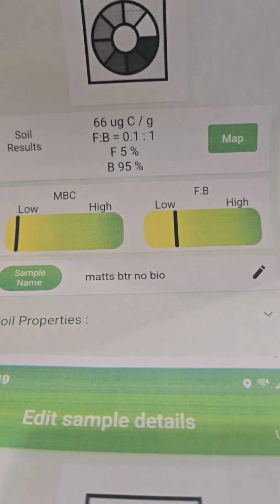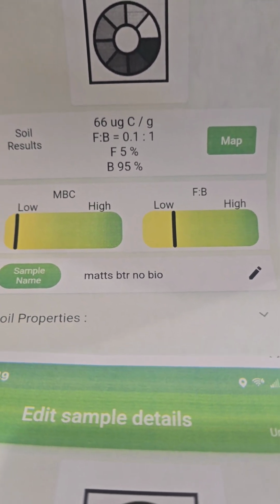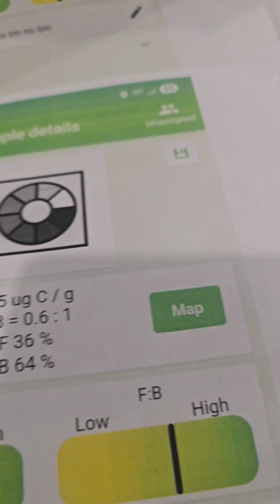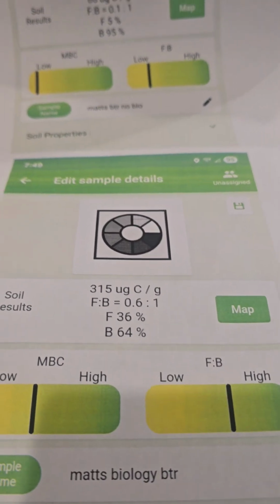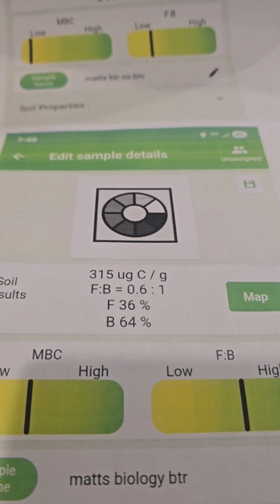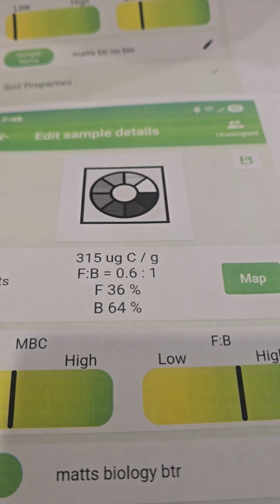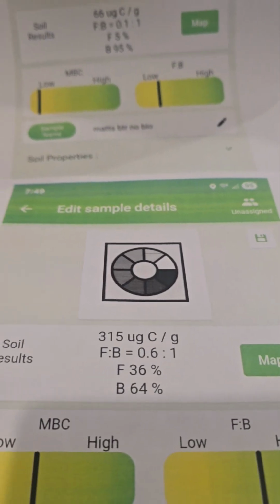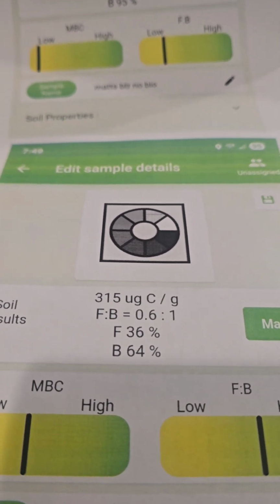Now we're going to compare the between the row without the biology to the one with the biology. So we went from 66 to 315, and as you can see, we've increased the fungal level to 36% compared to 5% from before. That is quite a huge difference.